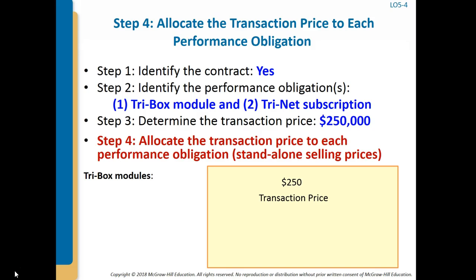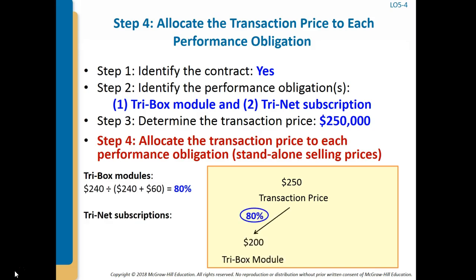Because the standalone price of a TriBox module, $240, represents 80% of the sum of the standalone selling prices, 240 divided by the $240 plus the $60, the standalone price of a TriNet subscription comprises 20% of the total, $60 divided by 240 plus 60.